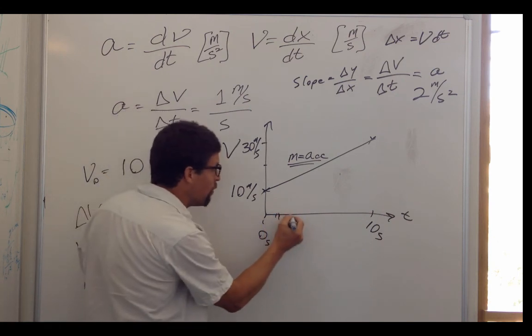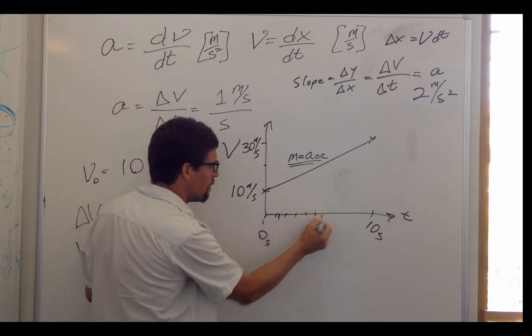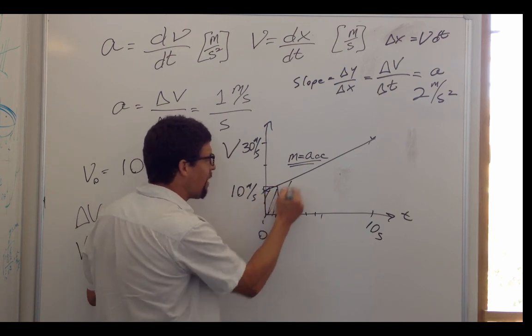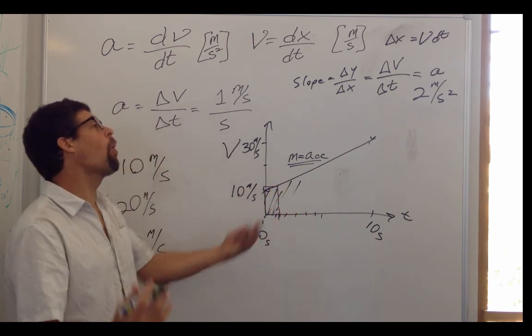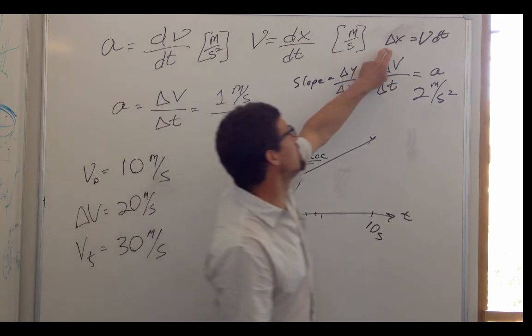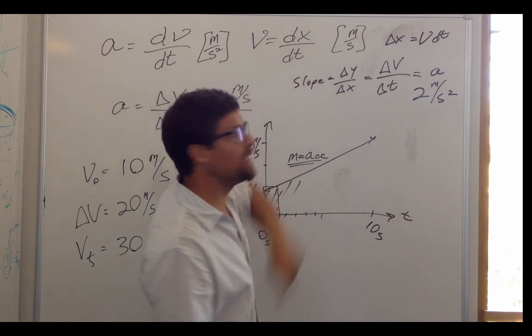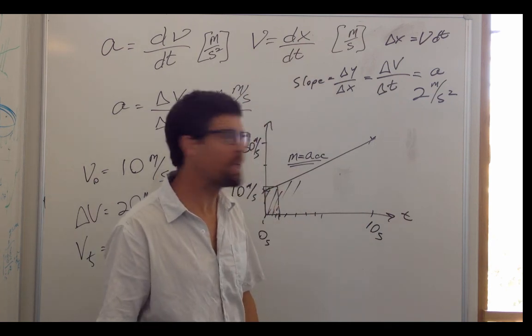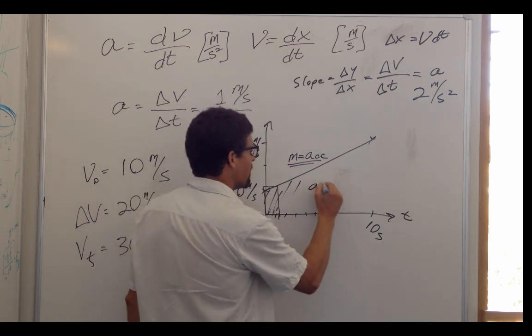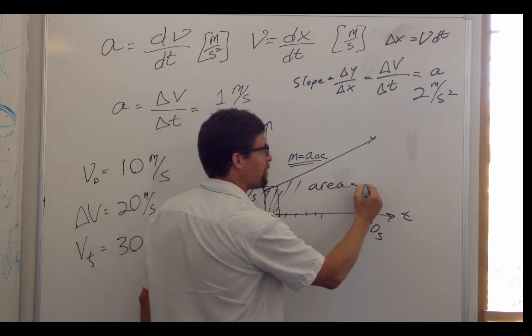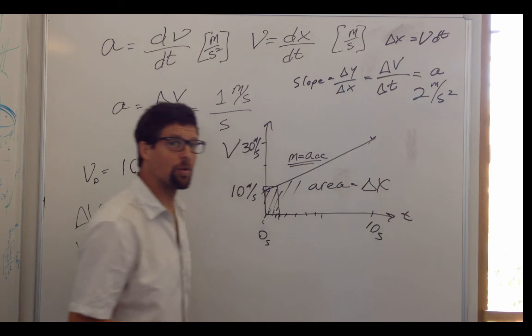And what we see, if we move along here, is that the displacement, the amount I've moved, is the area under this curve. Oh, of course, because the displacement is the integral of velocity if velocity is a derivative of the displacement. So this area is equal to the change in displacement during that time.